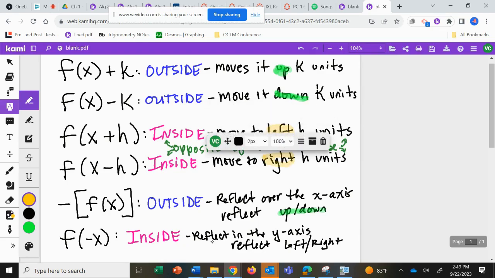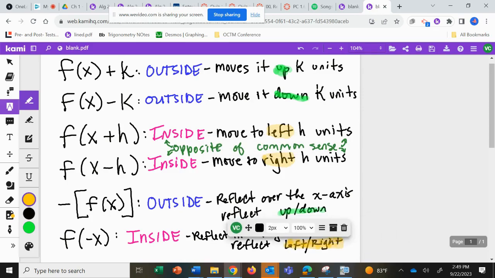What do you guys think? Do they have anything in common? Anything on the outside is up and down. Anything on the inside is left and right. Every single time.